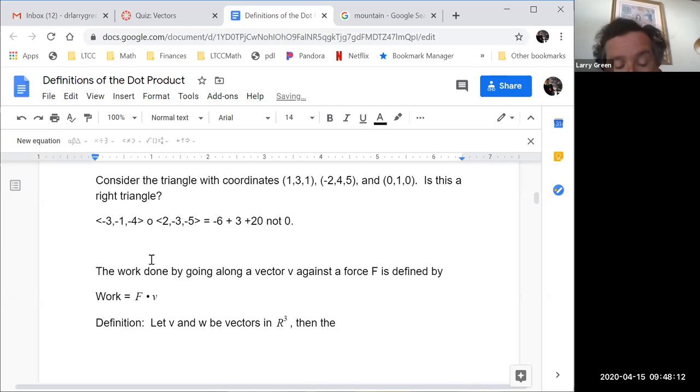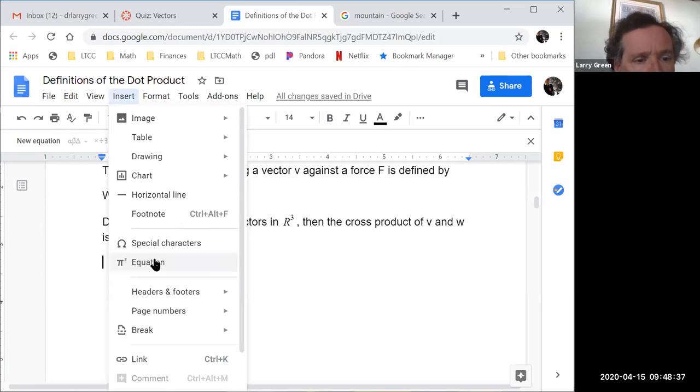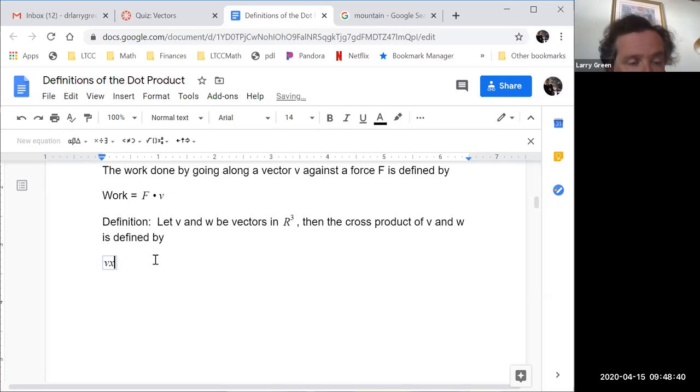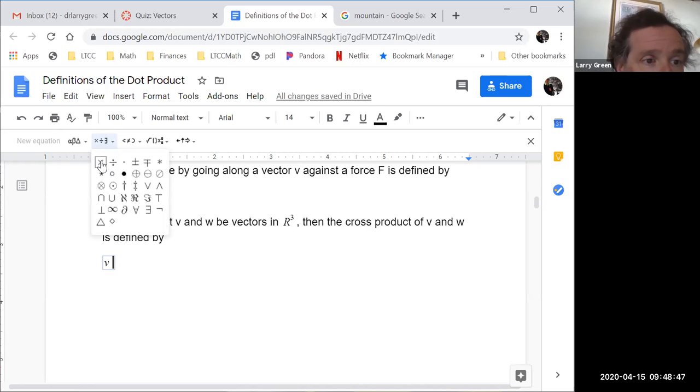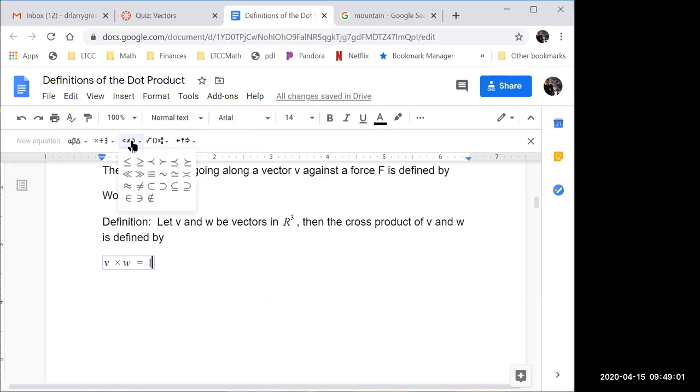Then the cross product of v and w is defined by, and this one's a bit messy, v cross w is equal to the determinant. Haven't played with determinants.